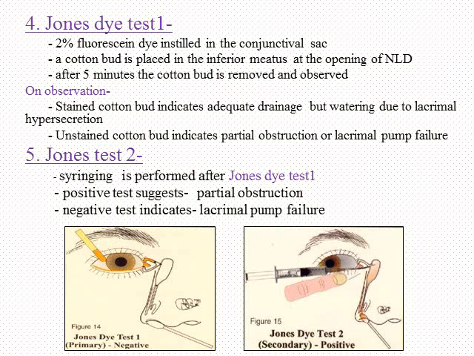The first photograph shows the procedure of Jones dye test 1, where the cotton bud of the inferior meatus is unstained. The second photograph shows Jones dye test 2, where the cotton bud of the inferior meatus is stained after syringing.